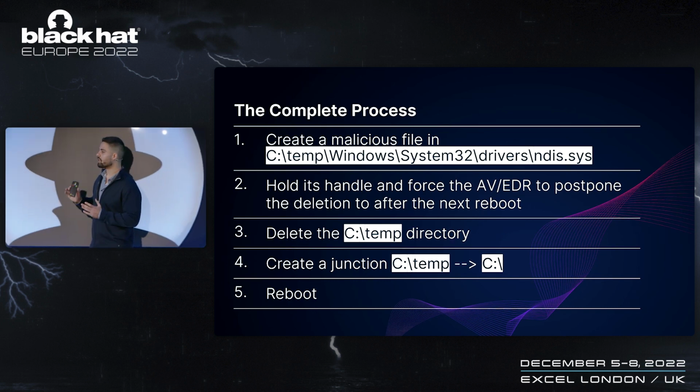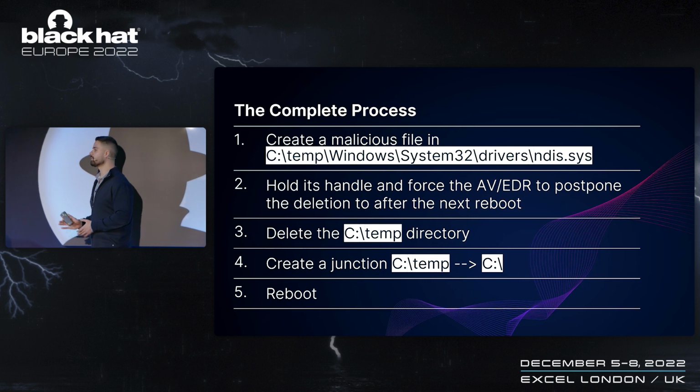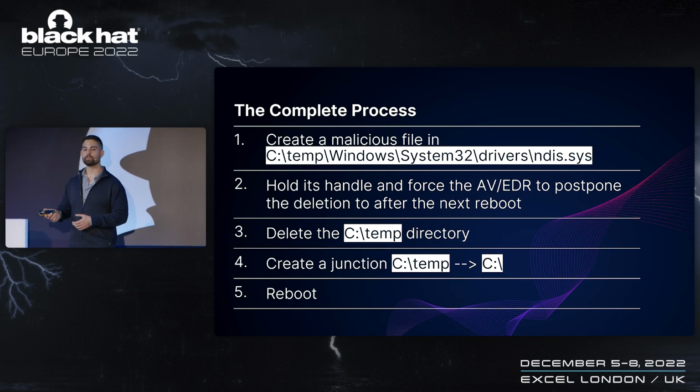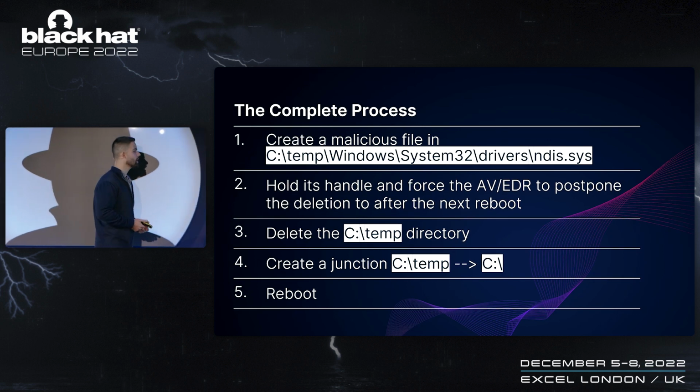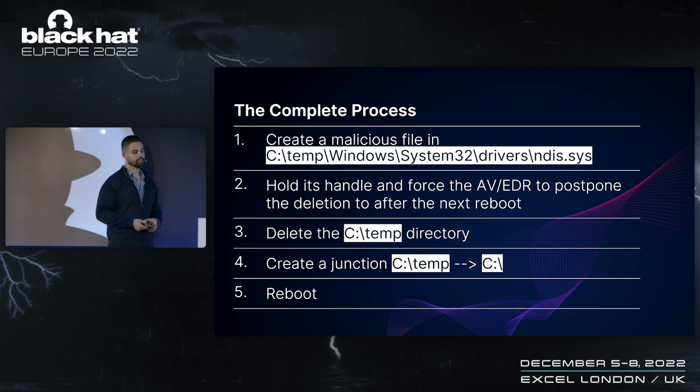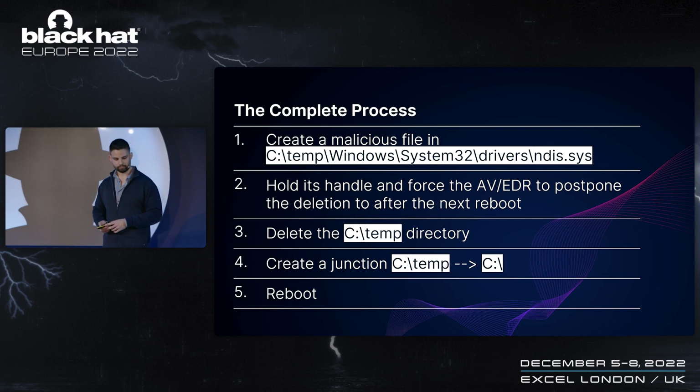Then, when the EDR gave up, we can delete the C:\temp directory with the Mimikatz file inside, and instead create the junction towards the C drive, reboot the computer, and the ndis.sys file will be gone.